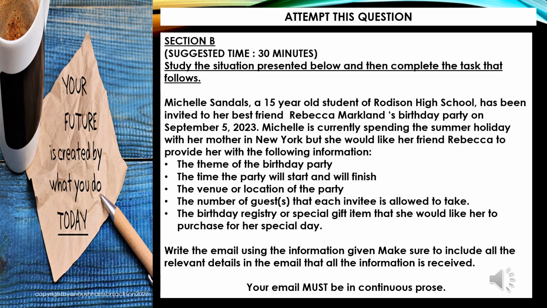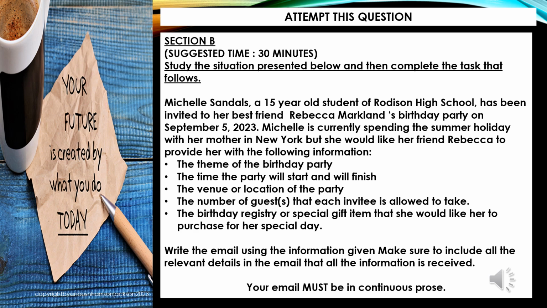To determine whether or not you will be successful on a given task, it is important that you are able to attempt an activity or question on your own. And so here is a question that relates to email writing. See whether or not you are able to complete this given task. And it reads, study the situation presented below and then complete the task that follows.